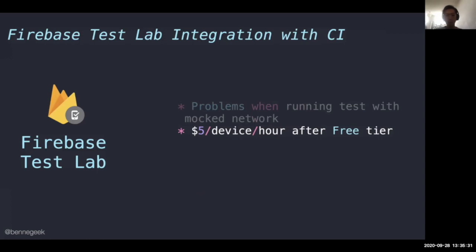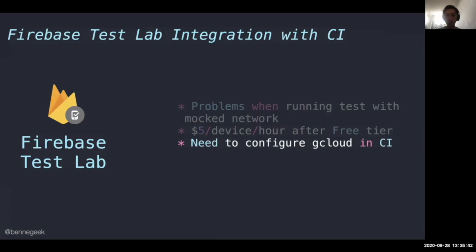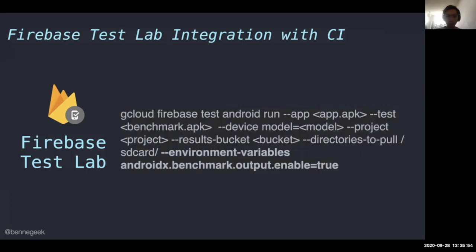But if you mock your network properly, this will not be a situation for you. So we fixed that. And then you need to configure gcloud in your CI, which is not that hard. And you need to fetch the results from gcloud storage.